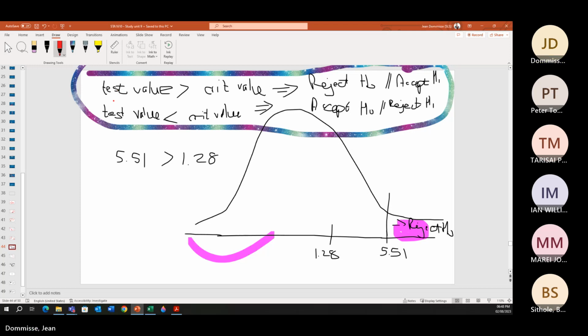When your t-stat is bigger than your critical value, we're going to reject the null hypothesis, or we're going to accept the alternative. When your t-stat that you work out is smaller than your critical, we accept the null hypothesis, or we reject the alternative hypothesis.